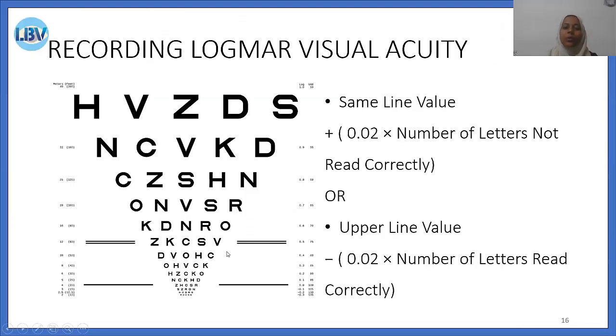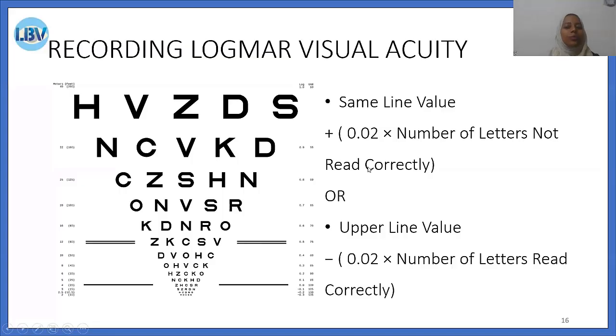Yes, ma'am, sure. So ma'am has read 3 letters correct in this third line. The value of the third line is 0.8. In this same line, how many letters were not read correctly? There were 2 letters. So again, the same line 0.8 plus 0.02 multiplied by the number of letters not read correctly, which is 2, so 0.04. And the same line value was 0.8.